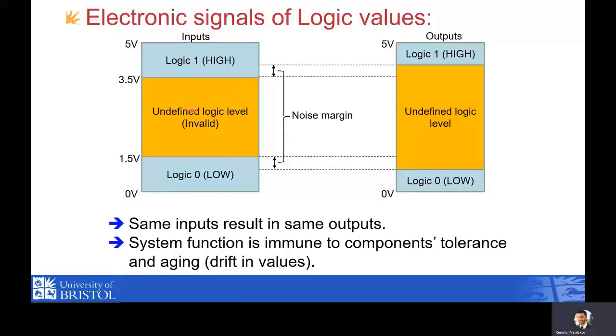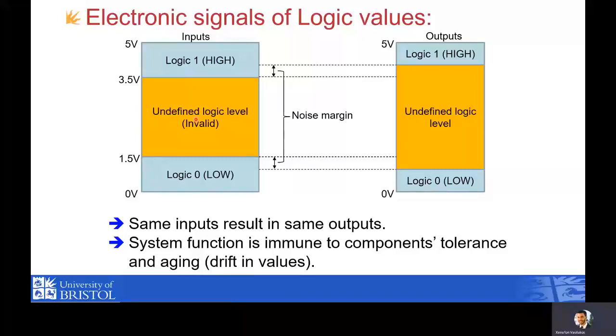So in order to identify a high value or a high voltage, a logical one, we have to be above some threshold. In this example, it is 3.5 volts. Now, if you are below another threshold of 1.5 volts, down to, of course, 0 volts, then you got the logic 0. Anything in between is noise, and you cannot tell what exactly the value is.